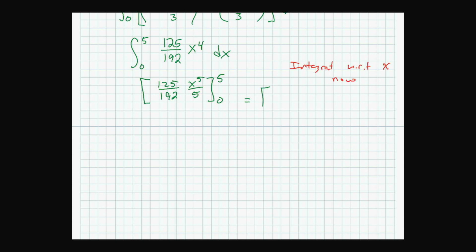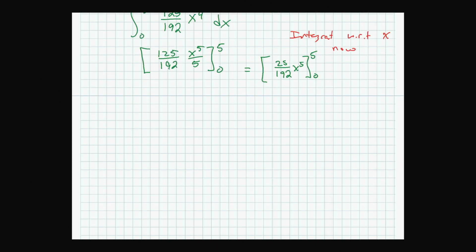What can we do here? Well, first of all, 125 over 5 is going to be 25. So it's 25 over 192, x to the 5th, from 0 to 5. So that's going to be 25 over 192 times 5 to the 5, minus 25 over 192 times 0 to the 5.